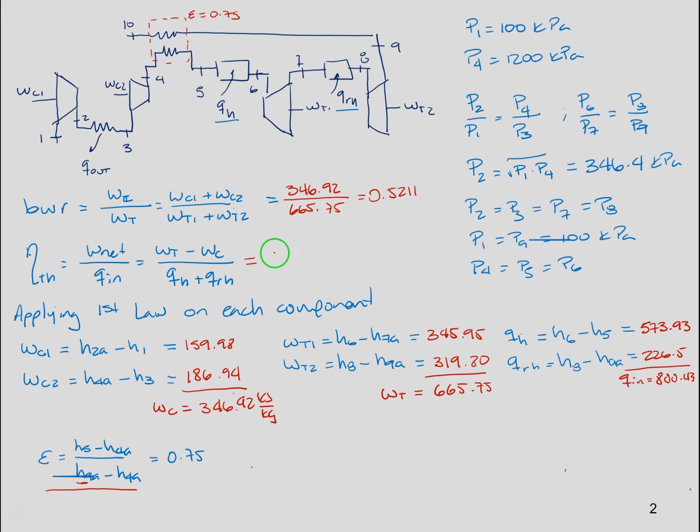In order to get the efficiency, we already computed the total heat in, but we don't have the net work, which will be the difference between the work of the turbine and the work of the compressor, expressed here. And this value is going to be 318.83.